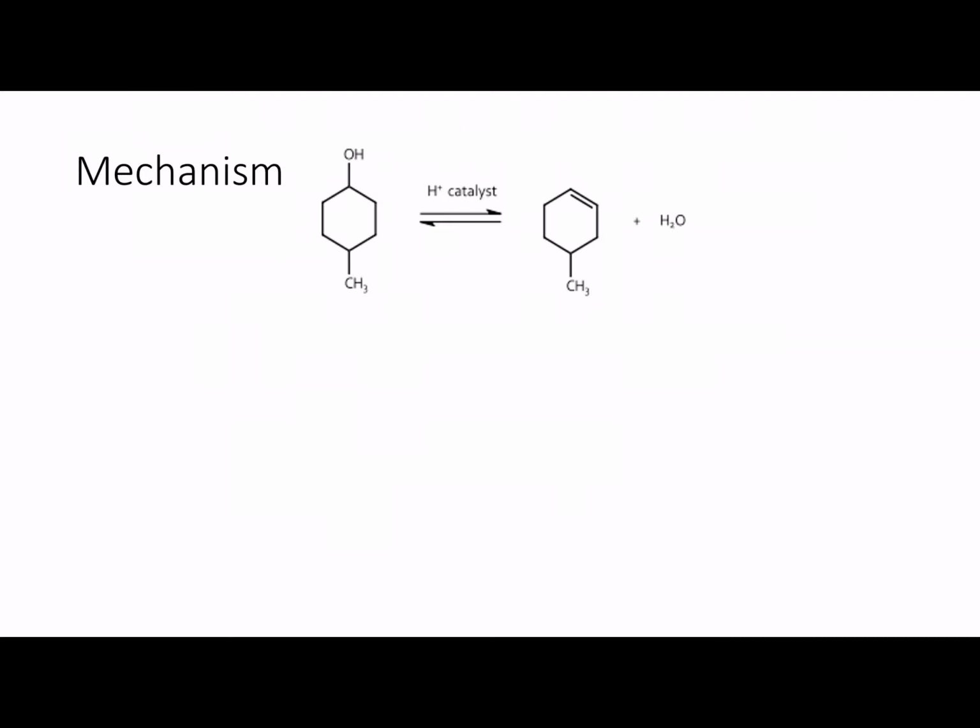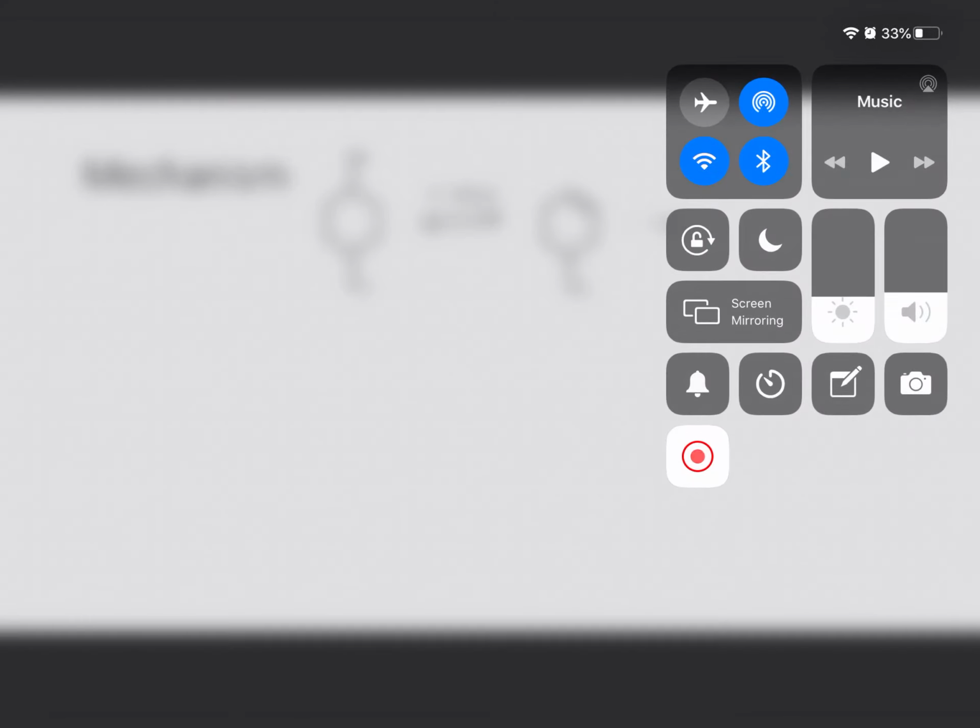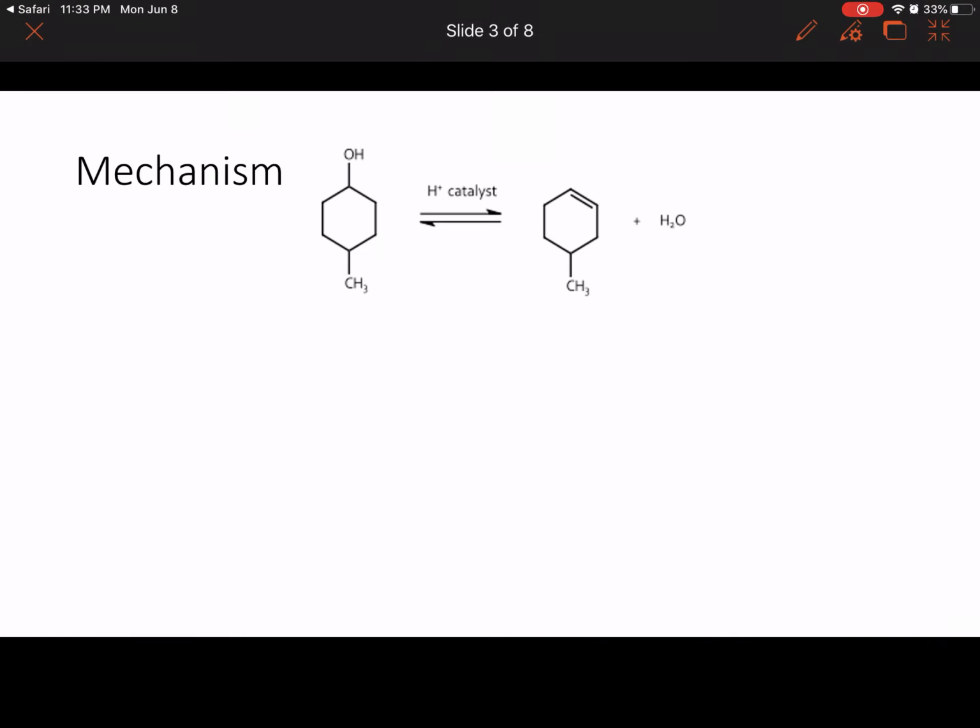Now let's see the mechanism for our reaction, which is what we're going to be doing in the class. Okay, now again we have an alcohol functional group, OH. Now tell me what's going to happen.